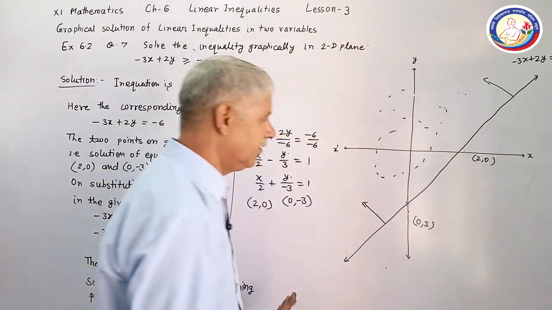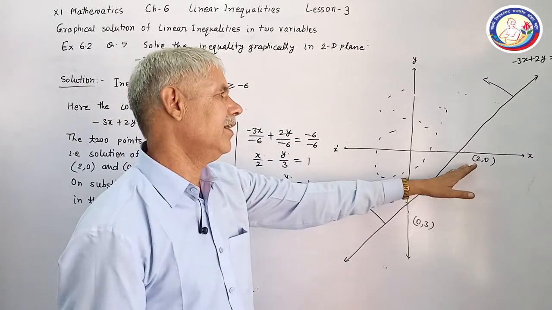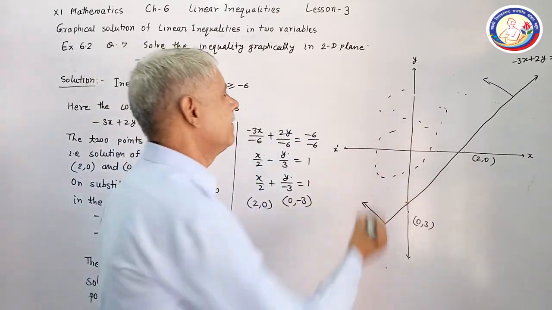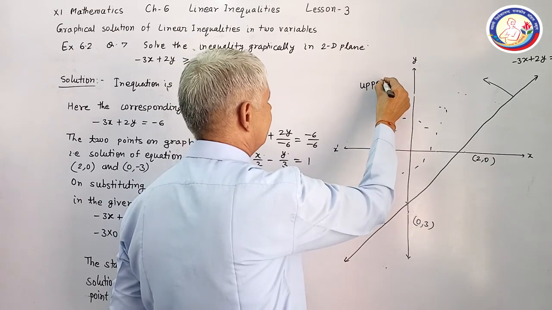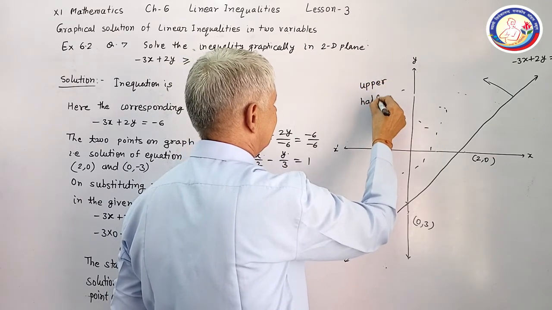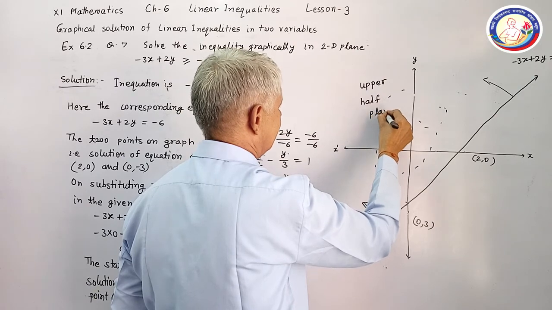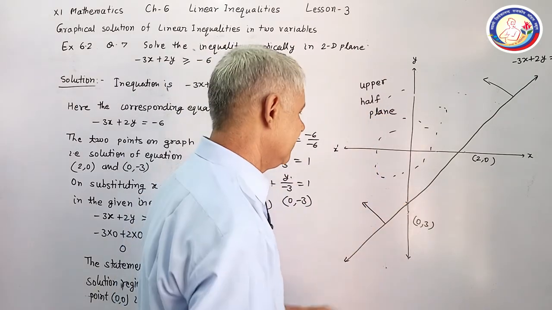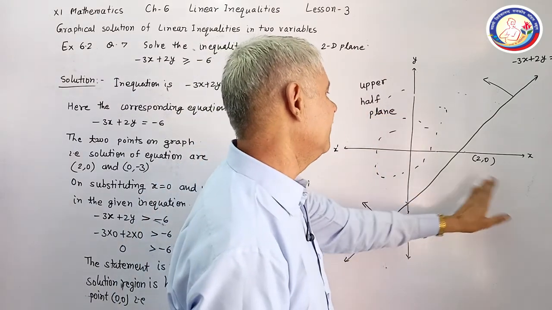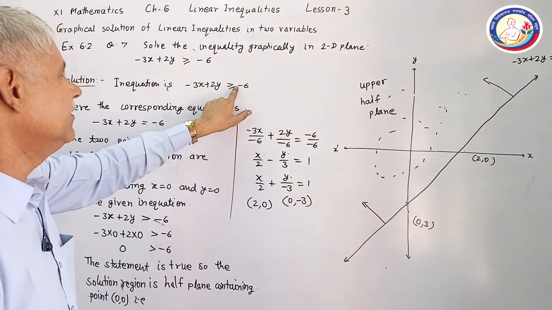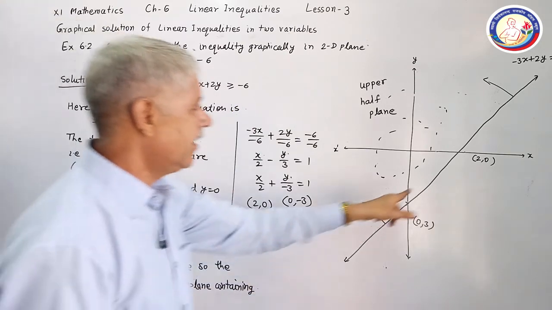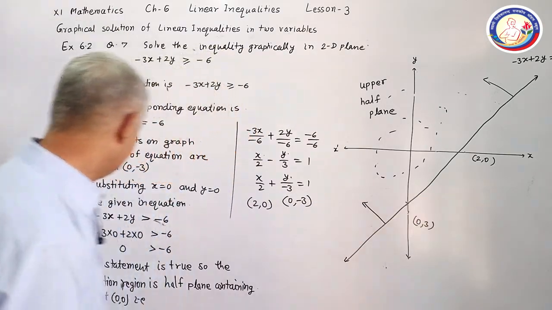So our solution will be the line itself and the upper half plane. And what about less than minus 6? If we change this into minus 6, so what will be the answer?